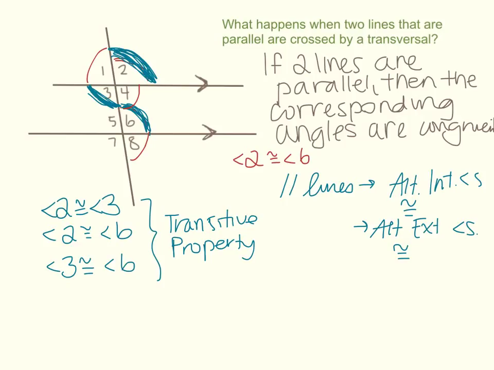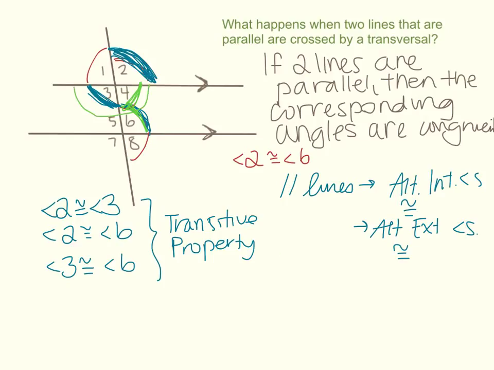Okay, so now we want to see about anything that's special about same side interior, okay? So if I look at this, alrighty. If I look at the same side interior, so that's going to be angle 4 and angle 6. We know that angle 4 and angle 6 are not congruent. There's just no way, right? One looks smaller than the other, okay? But I do know something about this right here, right?